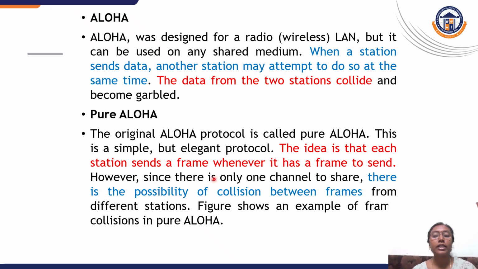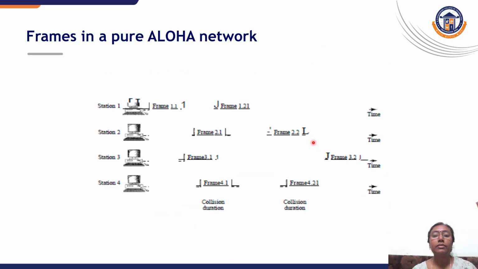The idea is that a station can send a frame whenever it has a frame to send. So there is a possibility of collision, which will be explained by means of this diagram. If station 1 has data to send, it will send the data immediately on the channel. Similarly for stations 2, 3 and 4.